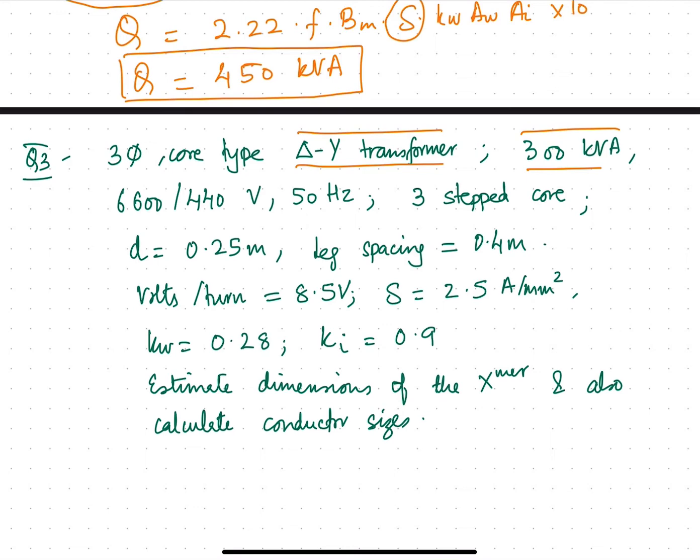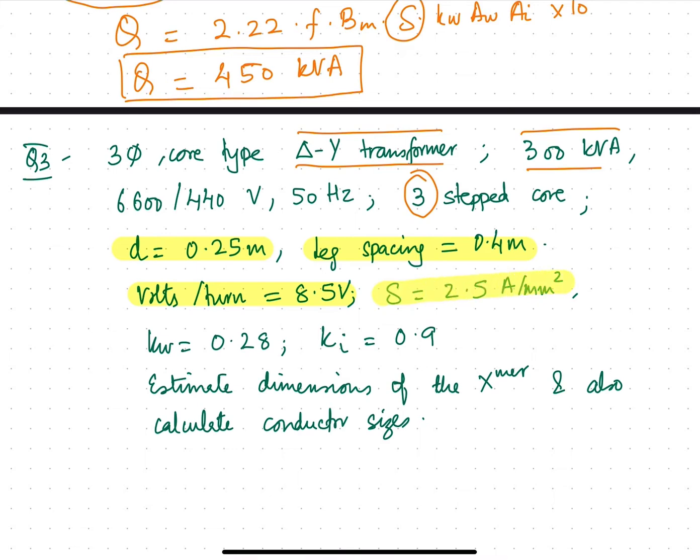It's at 50 Hertz and has three-stepped core, where the diameter of the circumscribing circle, small d, is 0.25 meter. The leg spacing is 0.4 meter. The volts per turn ratio is 8.5 volts.